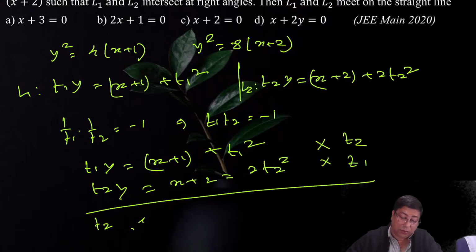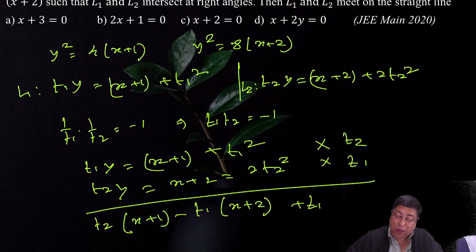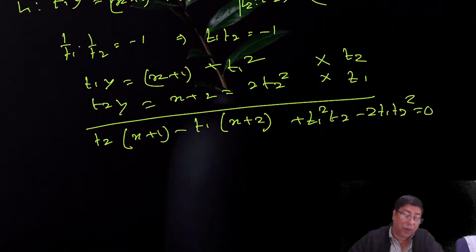So what we are getting? t2 into x plus 1 minus t1 into x plus 2, plus t1 square t2 minus 2 t1 t2 square equal to 0, with t1 t2 equal to minus 1.